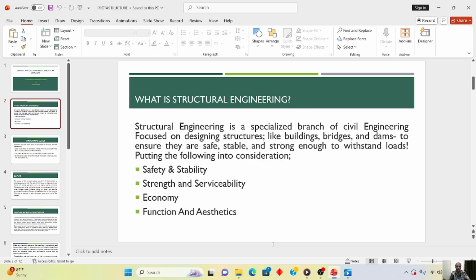The next one that we're talking about is function and aesthetics. During design, the structural engineer must ensure that he maintains every aspect of the design handed over to him by the architect.